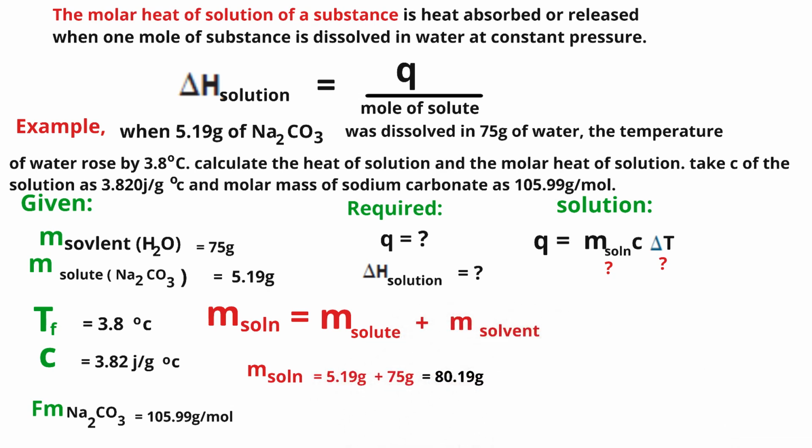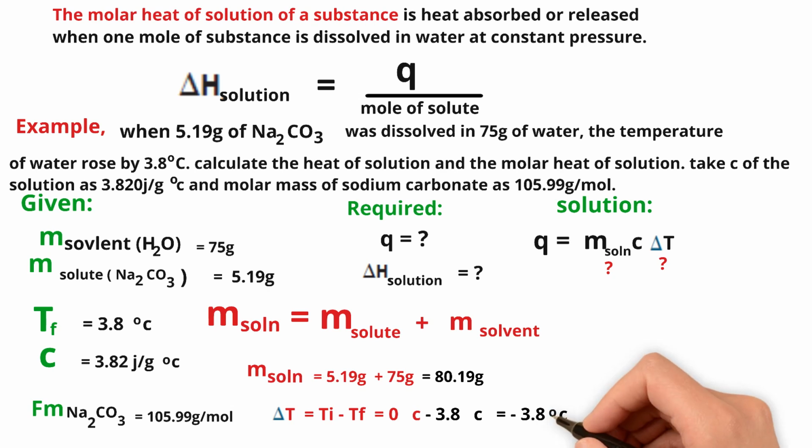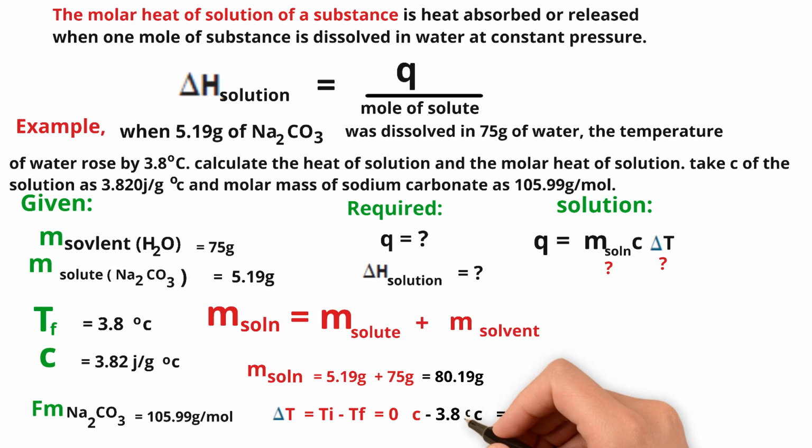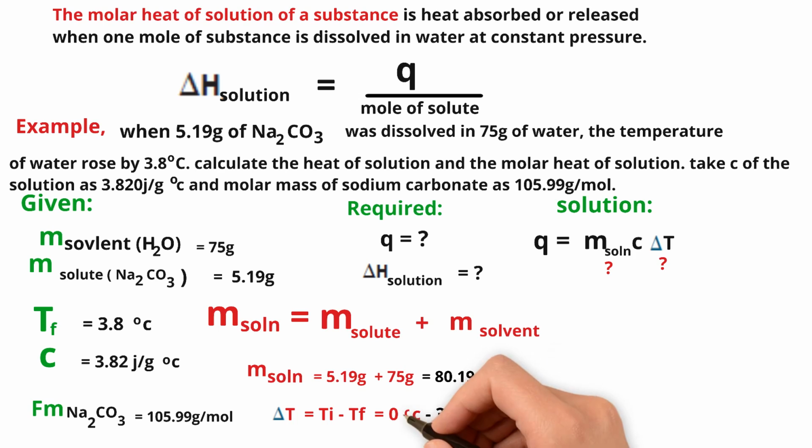Now let us calculate change in temperature. Change in temperature is equal to T initial minus T final, where T initial is 0 degrees Celsius and T final is 3.8 degrees Celsius. Therefore, change in temperature is equal to minus 3.8 degrees Celsius. Now, calculating heat of a solution or enthalpy of solution, so simple.